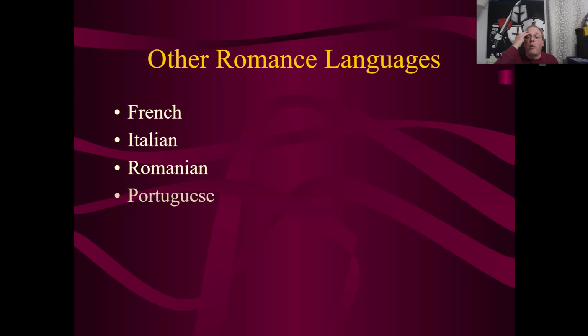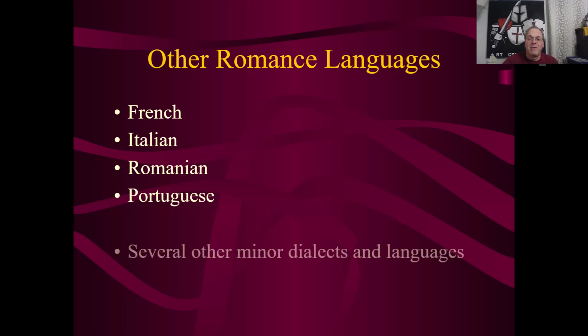And then we have Portuguese. That only makes sense because Portugal is also on the Iberian Peninsula with Spain. There are several other minor dialects and languages. Some of them are quite important. Catalan, which is spoken in Catalonia, is a major Romance language.